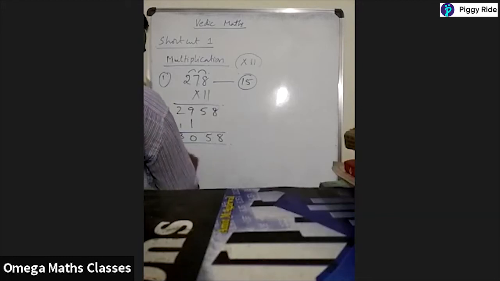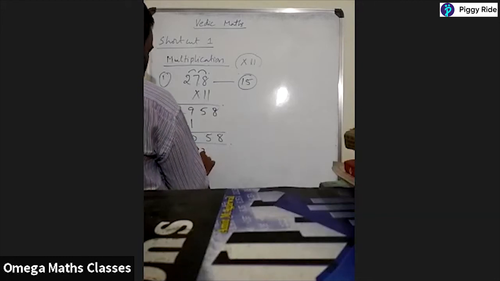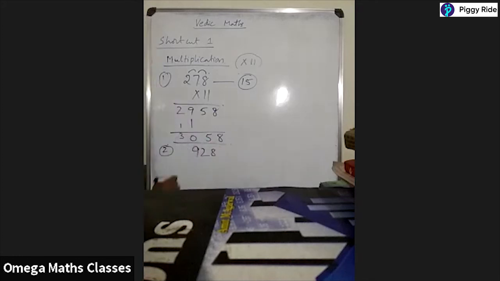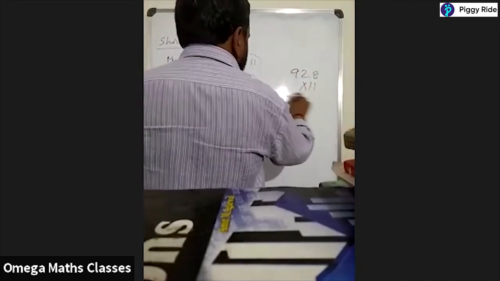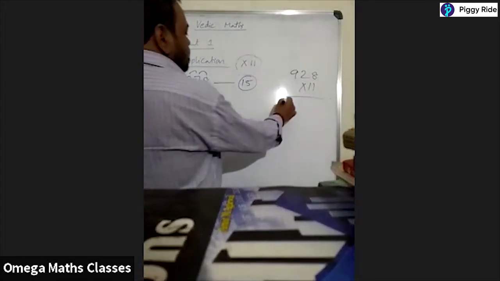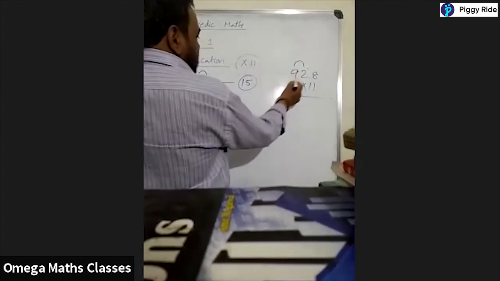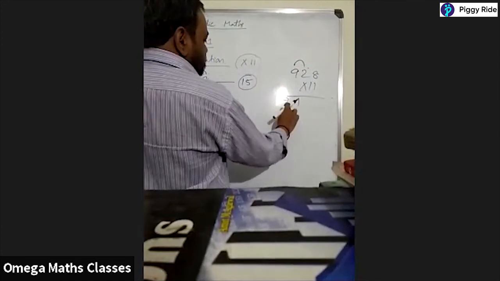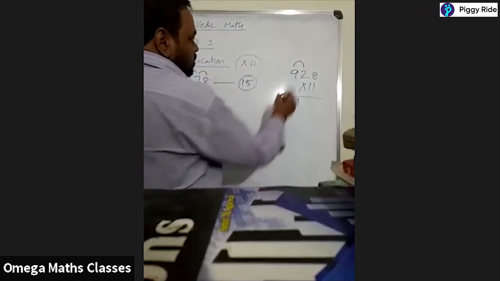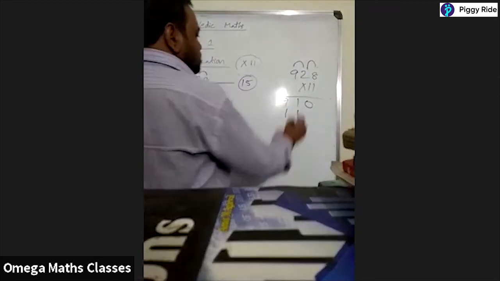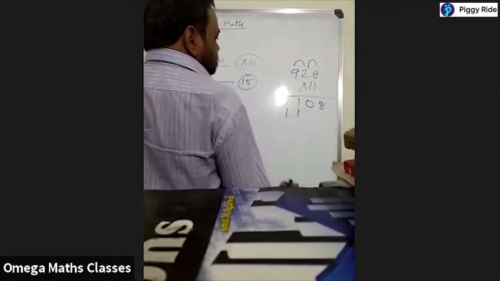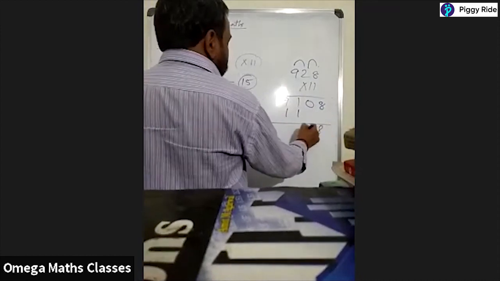Next, one more problem. Suppose 928 into 11. Here it is not possible. Wait, look here. 928 into 11. 9. It is 11. So 11 means we have to write like this. 11. It is 10. 10 means again we have to write like this. And 8. So 8, 0, 2, 10.